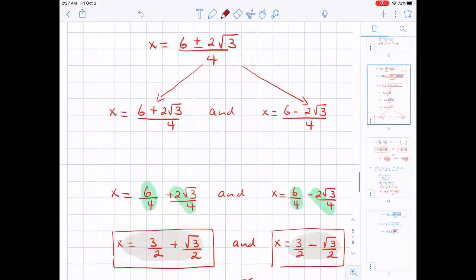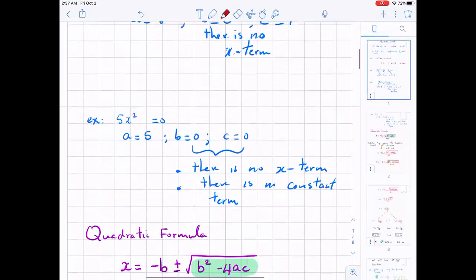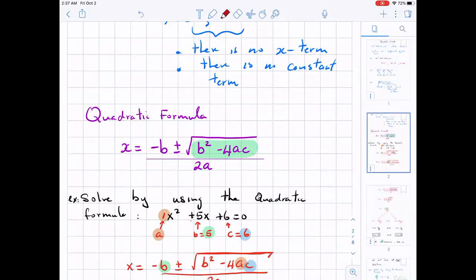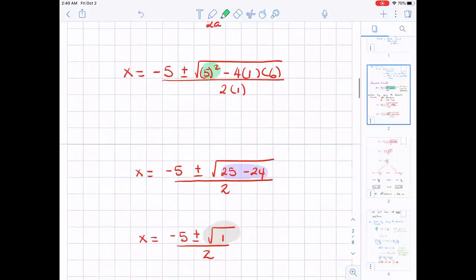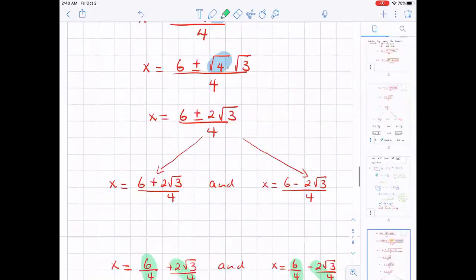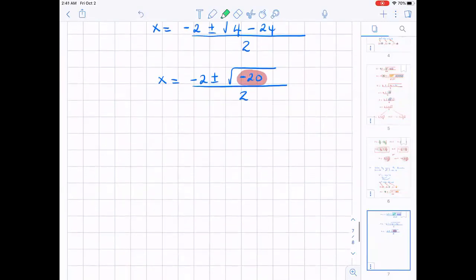I think earlier I may have said determinant, so a correction, if I did: this here, b squared minus 4ac, is called the discriminant, in case I said anything earlier. So anytime the discriminant is negative, you'll get imaginary solutions, which we sort of know.